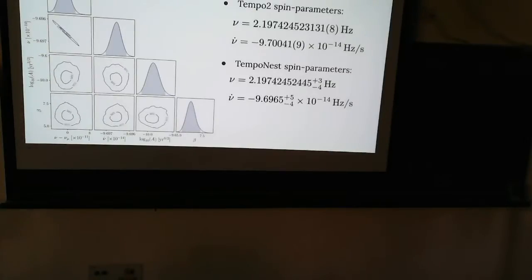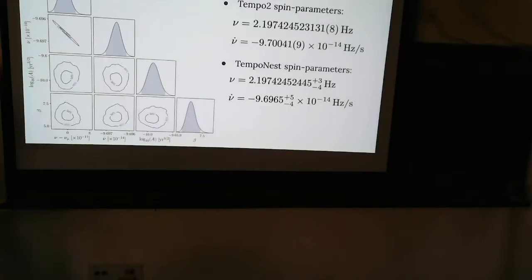Which means that any measurement of your spin down is also strongly dependent on your measurement of the pulsar spin itself. Luckily, these stochastic parameters given by this log amplitude and spectral index beta are not particularly correlated with the spin and the spin down in this case, but in other cases they can be.